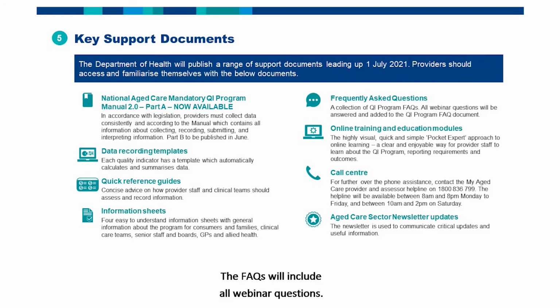The FAQs will include all webinar questions. The online training and education modules are a highly visual, quick and simple pocket expert approach to online learning, which are a clear and enjoyable way for provider staff to learn about the QI program, its reporting requirements, and using quality indicator data for continuous quality improvement.